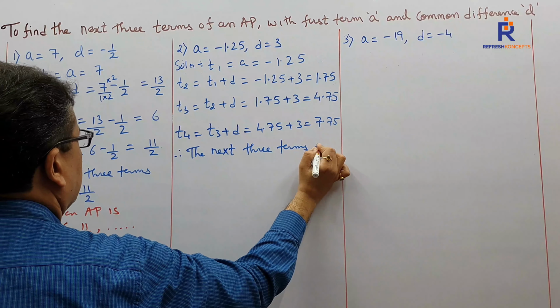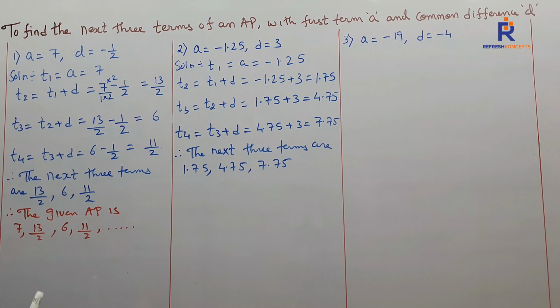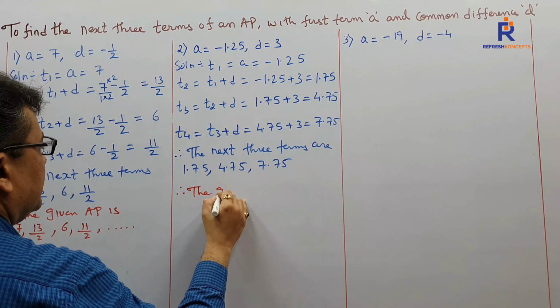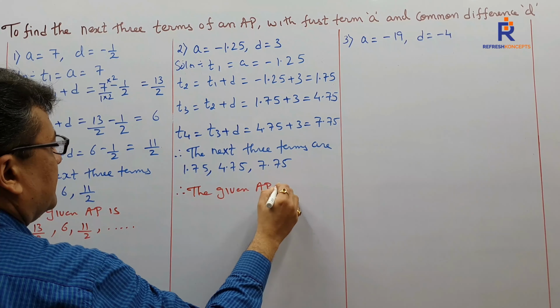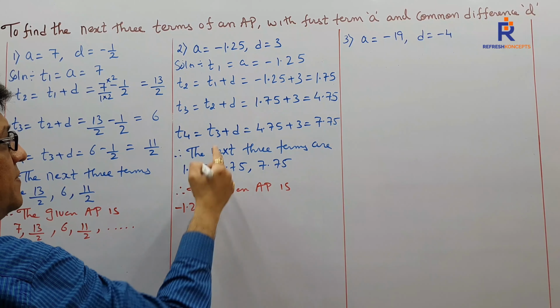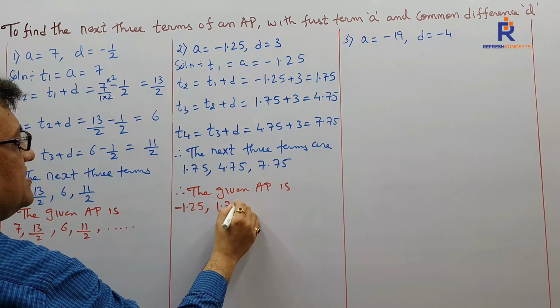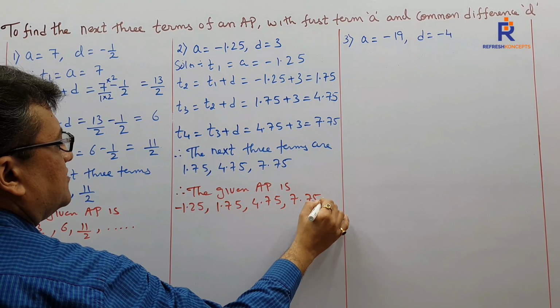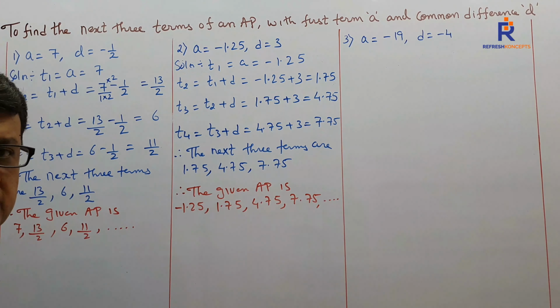If they were to ask you to write down the AP, then I would have written, therefore, the given AP is, to start off with the first one, minus 1.25, comma, and then you can go on with 1.75, 4.75, 7.75, and so on and so forth, dot, dot, dot.